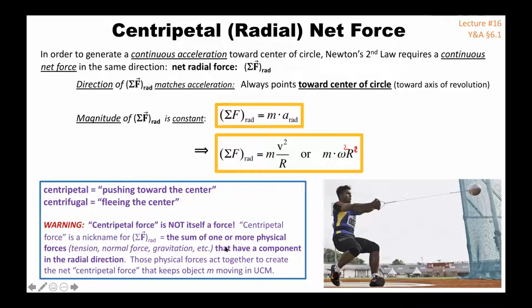These are physical forces that have a component in the radial direction. And when you add up all those radial components, you get a sum. And sometimes that radial sum of forces is nicknamed centripetal force.